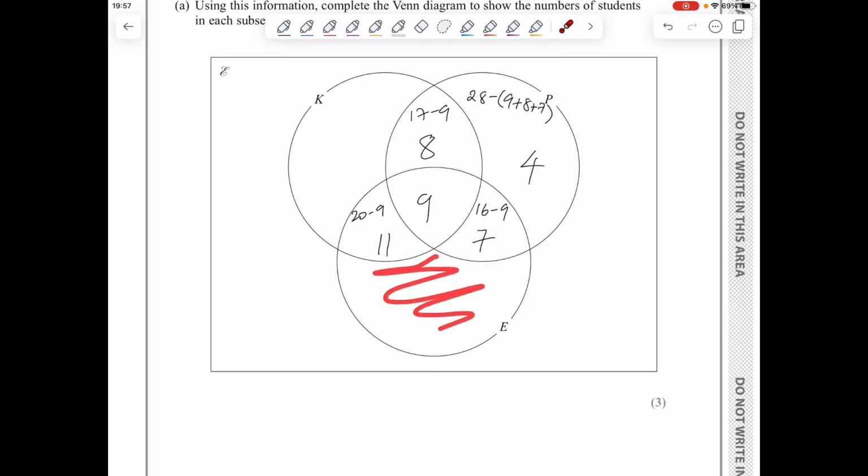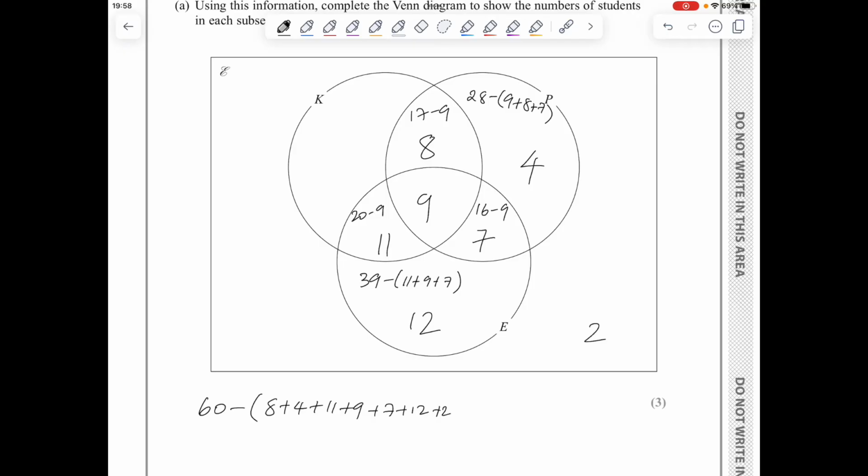So just this region is equal to 39 minus 11 plus 9 plus 7, which gives a 12. Two students are outside the circles. To find this region here, use the fact that I have a total of 60 students. So 60 minus all the rest, which is 8 plus 4 plus 11 plus 9 plus 7 plus 12 plus 2. And this gives a 7, which is this region here.